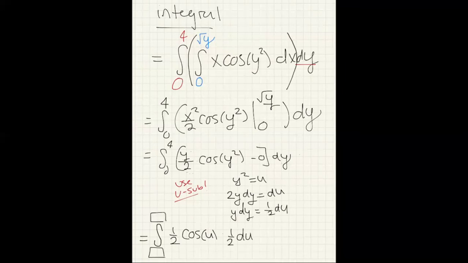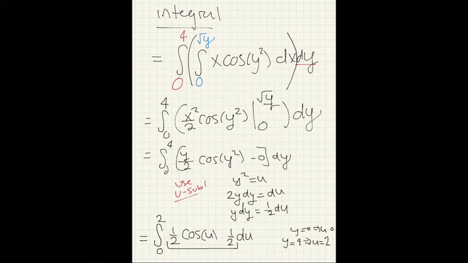If my lower bound was y equals 0, that tells me that u should equal 0. And if y equals 4, that tells me u equals 2. So I'm really doing the integral from 0 to 2 of this thing, du.